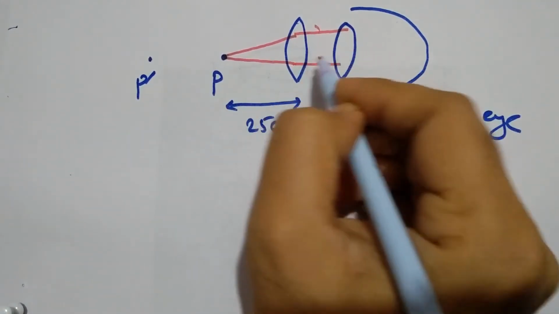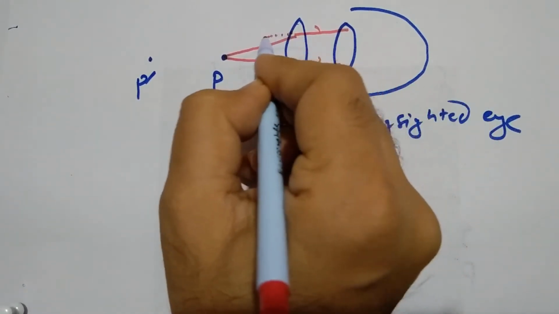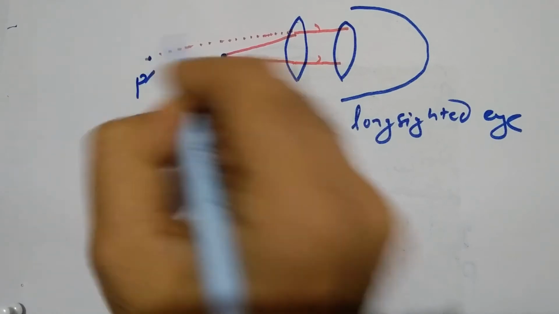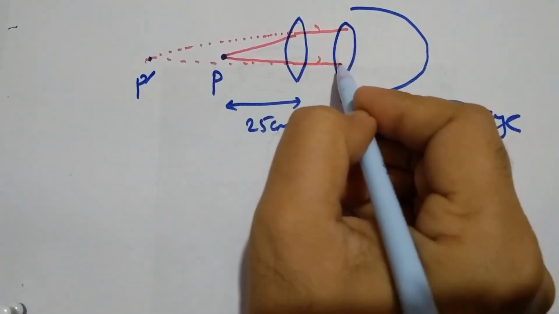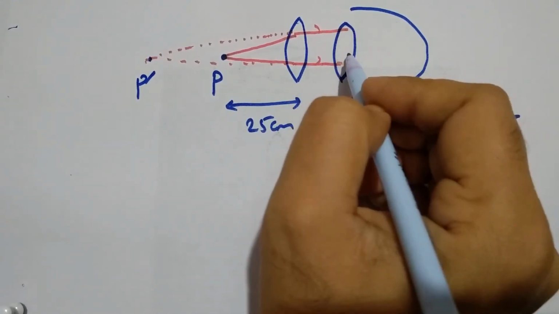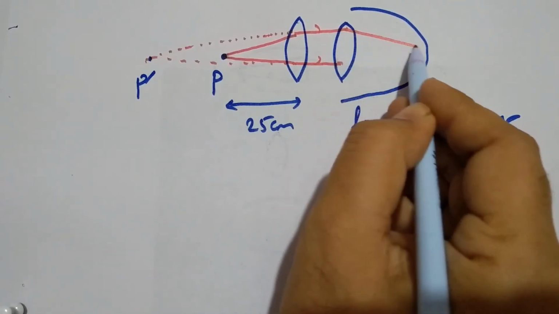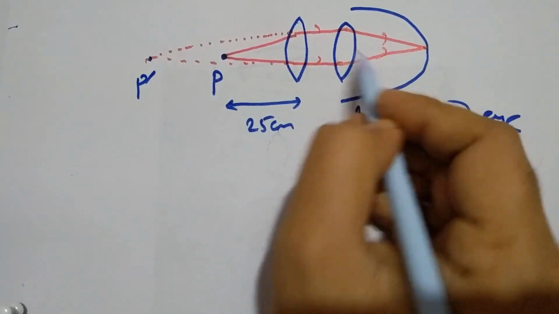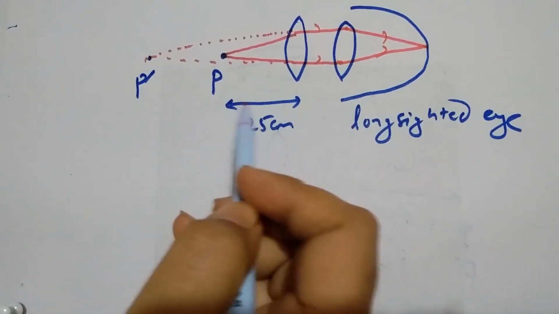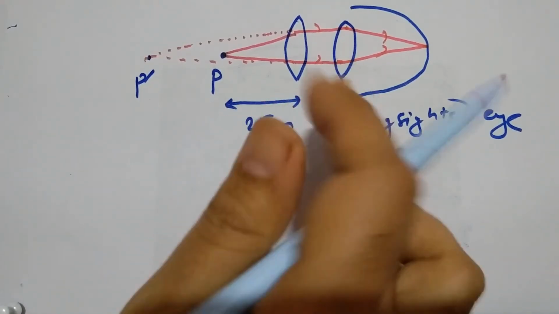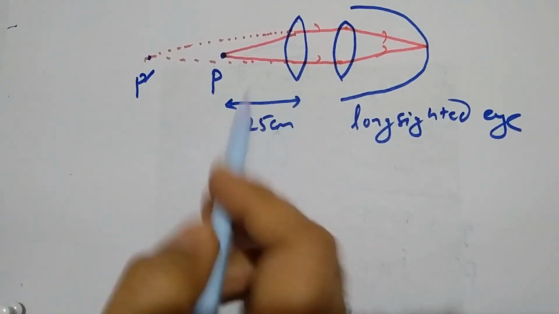These converged light rays appear to come from this point P bar for this eye, and this eye lens now converges the light rays to the retina. Hence this object at near point is clear for this eye. Well friends, this is the rough ray diagram.